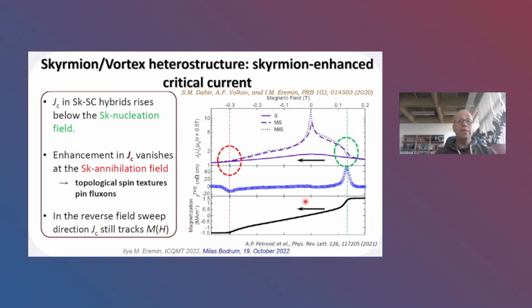Then they also see that the stray field of the skyrmion should induce the critical current. This has also been discussed by us. And they also clearly see this in the range where the skyrmions appear. So they do see that the topological structure pins fluxons, and this is the first step where they see that two types of textures start to interact with each other.